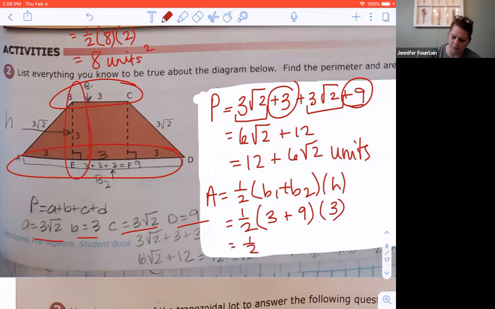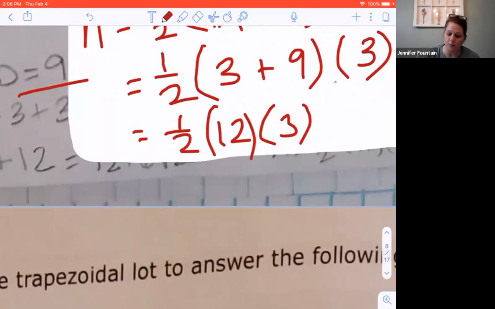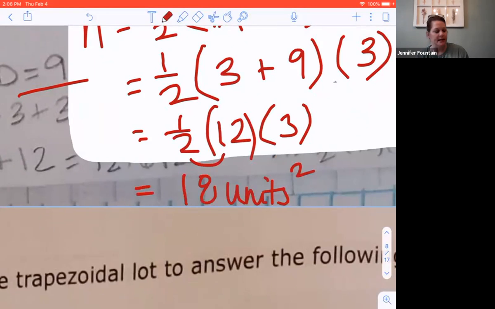So 1/2 times 3 plus 9 is 12 times 3. So again, this is the part where I say we can either multiply 3 times 12 and get 36 and take half of that, or I can go ahead and take half of 12. Half of 12 is 6, and 6 times 3 is 18. Either way, same answer. So I end up with 18 units squared.